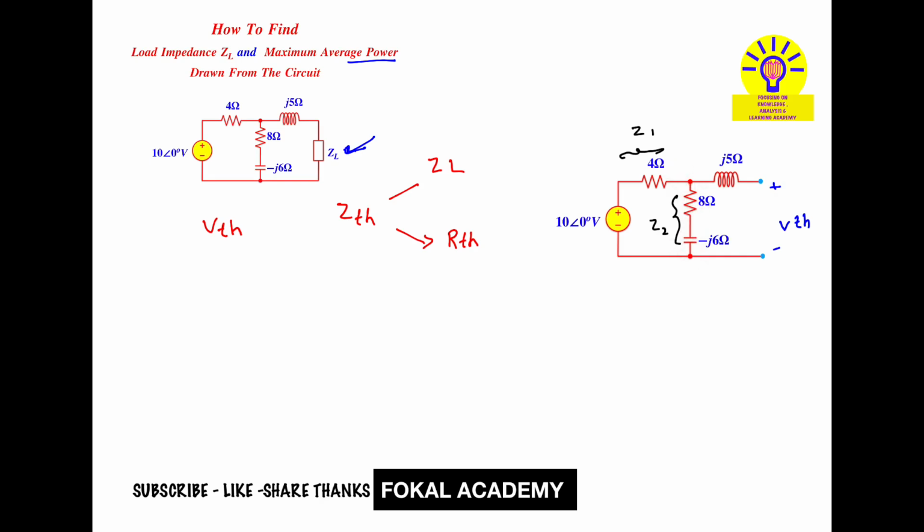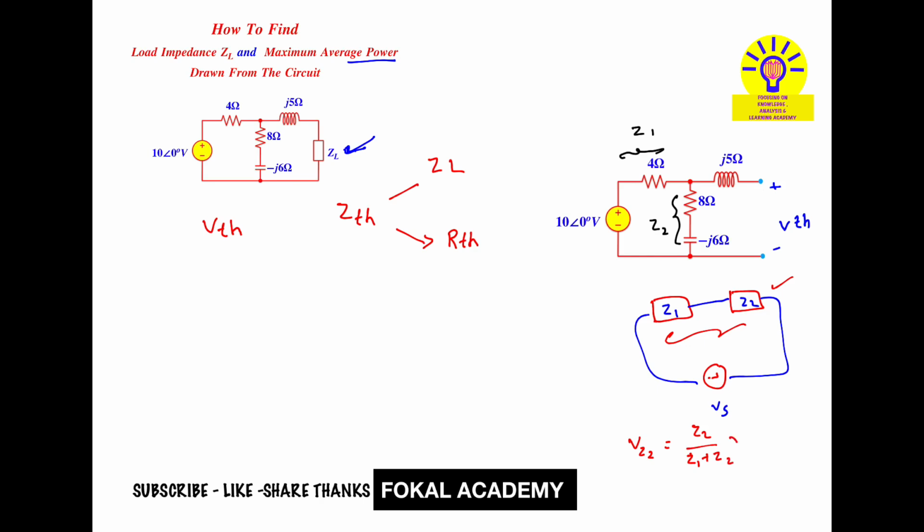According to the voltage divider rule, whenever two impedances Z1 and Z2 are in series with a voltage, the voltage across Z2 is written as Z2 divided by the overall impedance Z1 plus Z2, times the source voltage. It gives the voltage drop across Z2.